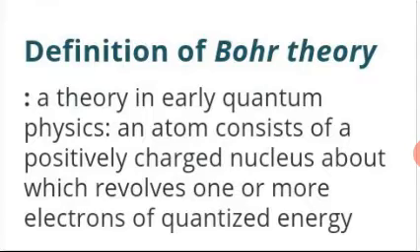Definition of Bohr's theory: a theory in early quantum physics. An atom consists of a positively charged nucleus about which revolve one or more electrons of quantized energy. Quantum means energy packets.